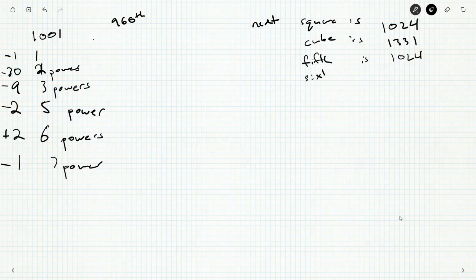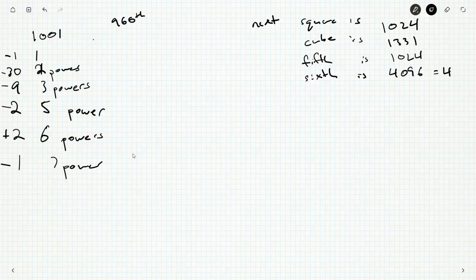The next sixth power is 4 to the 6. Right, and 4 to the 6 is 2 to the 12, so that's way beyond this. That's 4096.